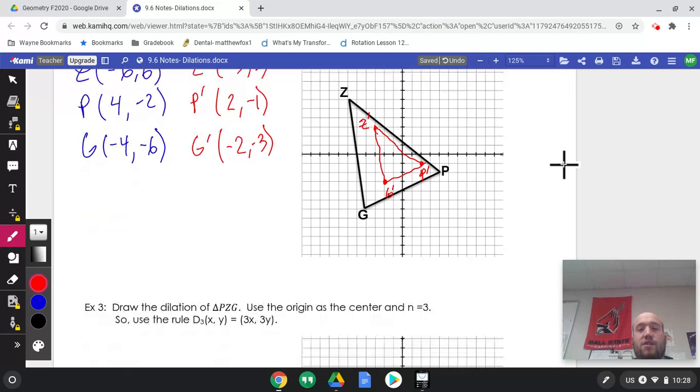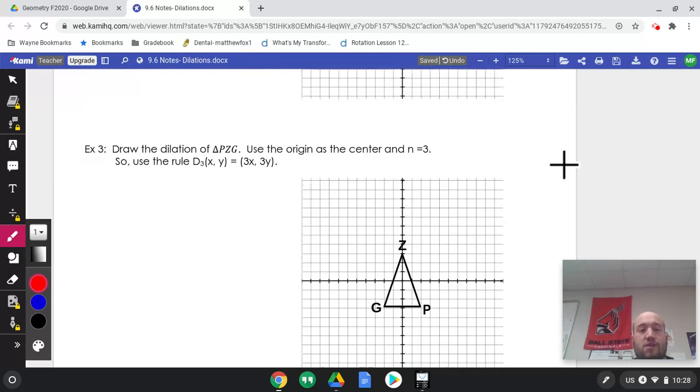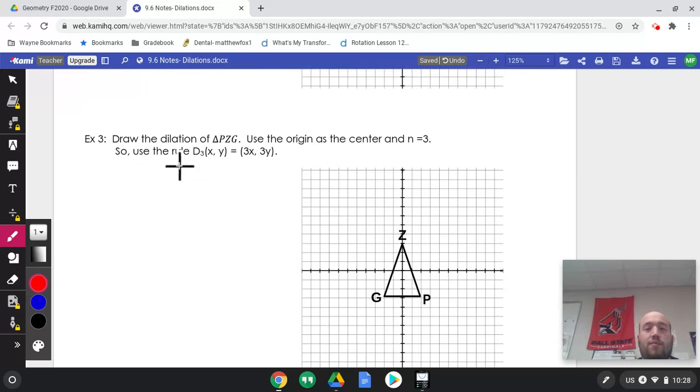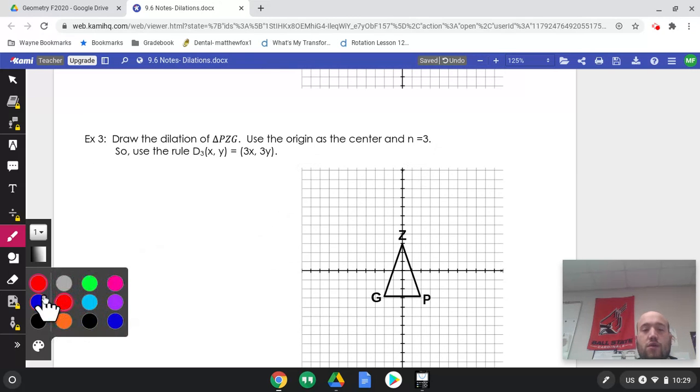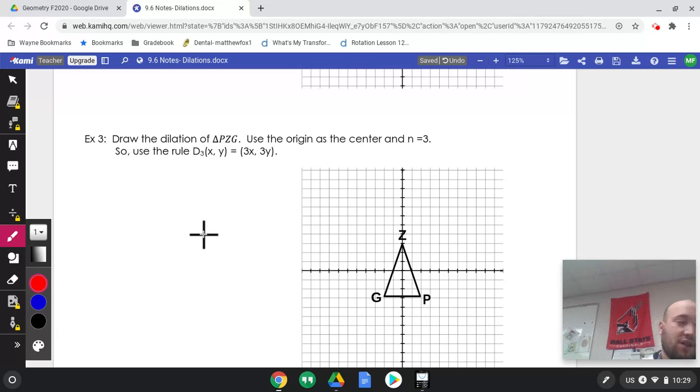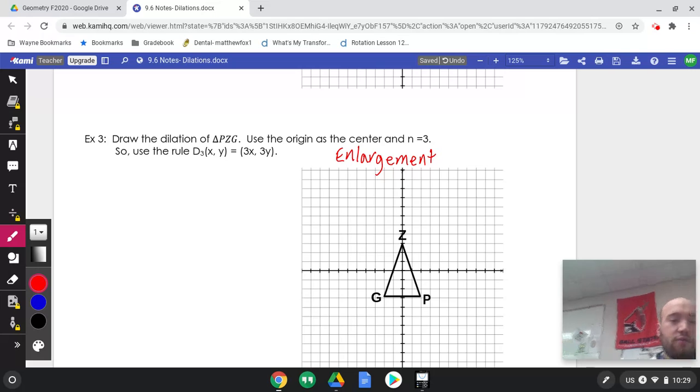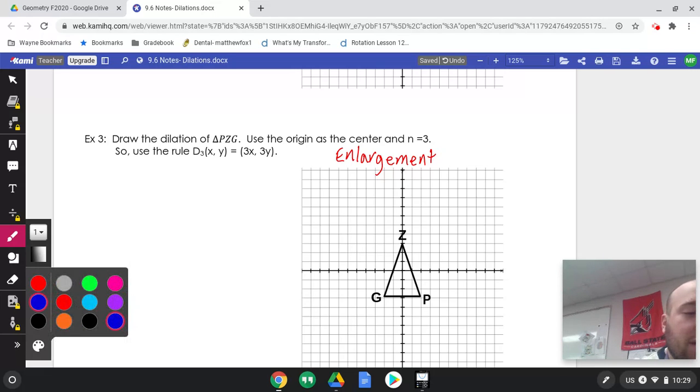Okay, just about done. Let's do one more here. Once again, ZGP. This time, the scale factor, n, equals 3. So hopefully you already know if it's 3, this is going to be an enlargement. It will get bigger. All right, so let's start by writing what Z, G, and P are.